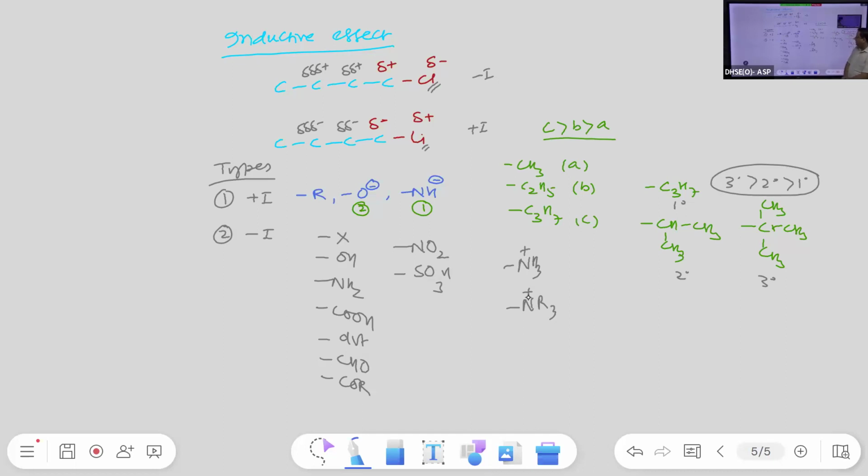Next, this is the type of plus I and minus I groups. Next, if you have to compare, then write it down. Suppose there is a question: fluorine. One minute.